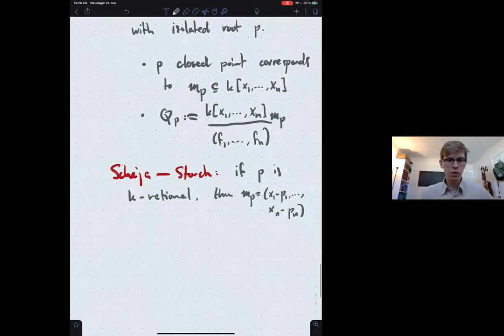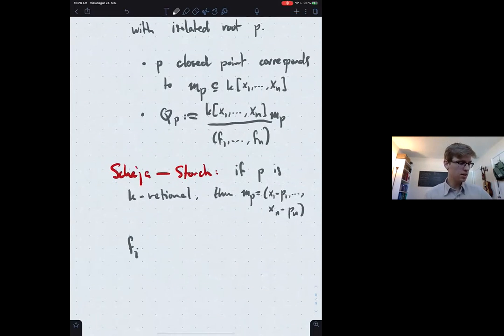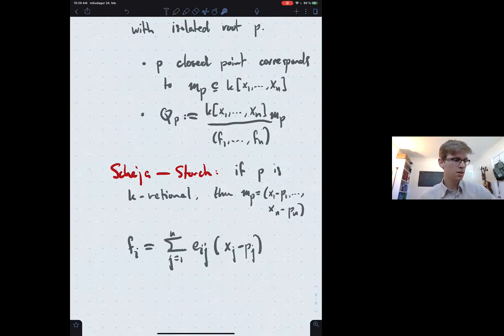And more generally, we can write each F_i as a sum over some polynomial multiple of the x_j minus p_j's. So really what we're seeing here is just if I plug in P, F should vanish.